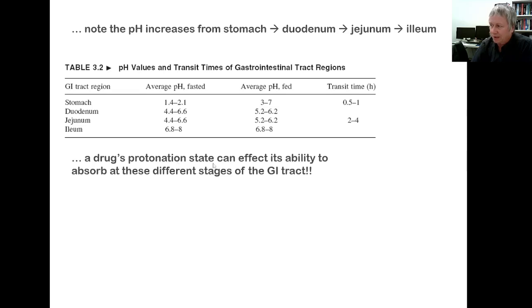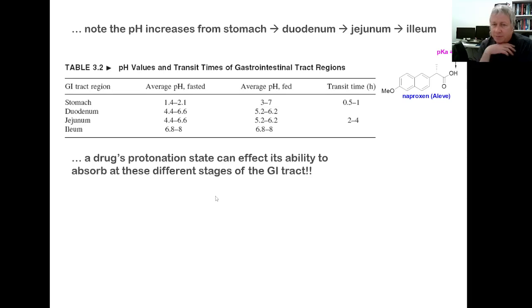A drug's protonation state can affect its ability to absorb at these different stages also. So to really understand this, we have to consider any functional groups that are present, and their pKa's, and that allows you to determine the amount of protonated versus neutral forms of the drug.